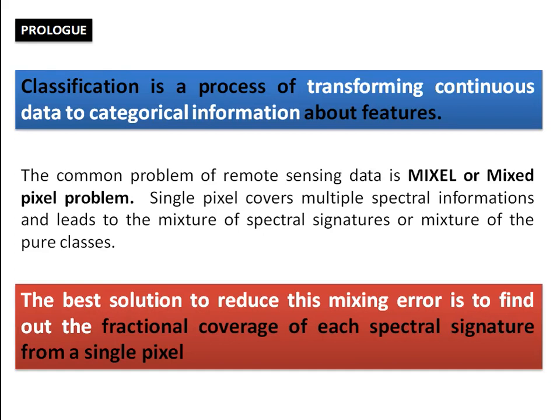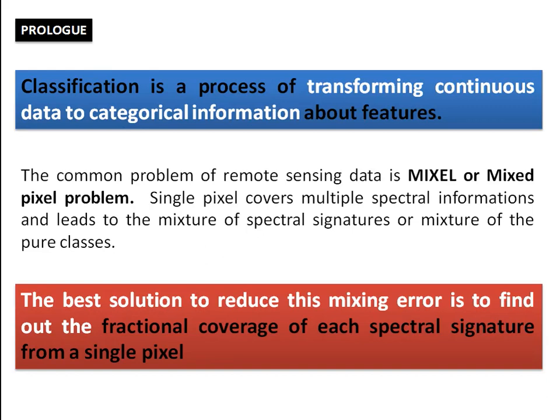In the case of remote sensing images, the radiometric information of any image is converted to thematic information. So what is radiometric information? Radiometric information means the pixel values are as per the radiometric resolution of the particular sensor.